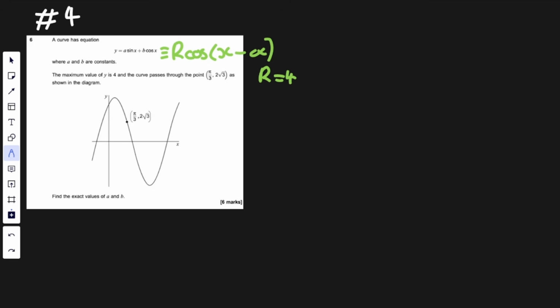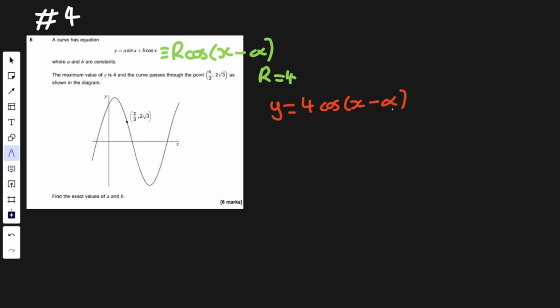So e to the x is strictly bigger than 0, so you can use that to find its lowest points and whatnot. So certain tricks like this. And what you'd find by differentiation is you'd find this would be a very difficult question to tackle. So anyway, we've got that r is 4, so we have that y equals 4 cos(x minus alpha).